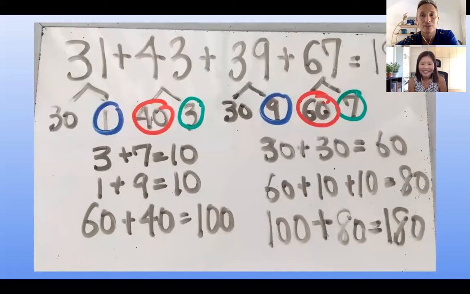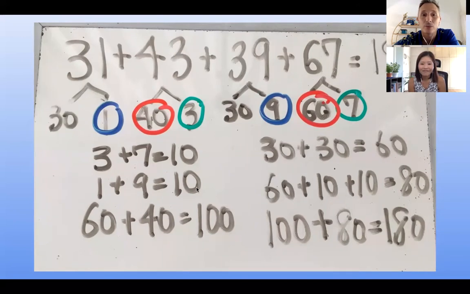But let's try this one too. So this one's also going to be a little bit bigger numbers. And it might seem overwhelming at first, but if we break apart those 10s and those 1s, and we add the 10s together and add the 1s, it's a little bit easier, right? So what did we do here? We knew we had the 3 and the 7. That made a 10. That's circled here in green. That made a group of 10.